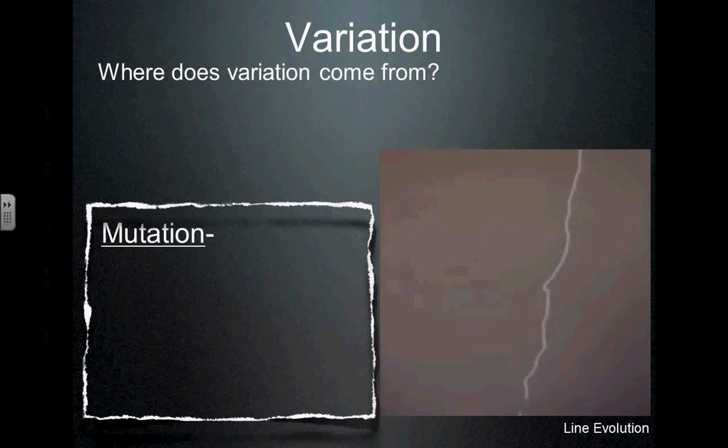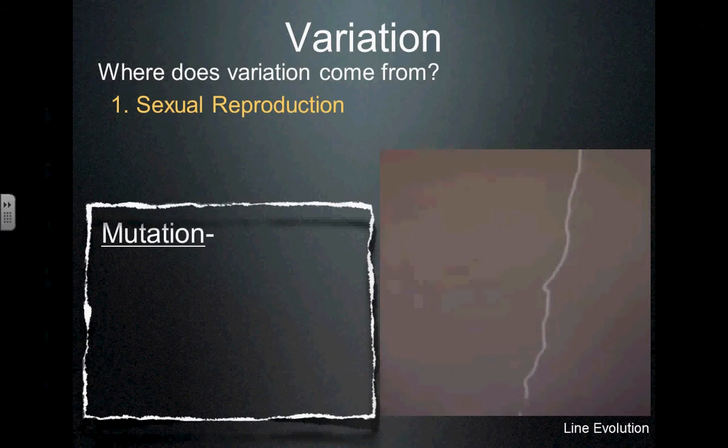Because sexual reproduction mixes genes from two different parents, what we end up with is new combinations of traits. Just like if you took a deck of cards, every time you shuffle it, you get a new order of those cards. Sexual reproduction works in a similar way: every time parents reproduce, they mix up the genes, and you end up with new combinations of those characteristics.